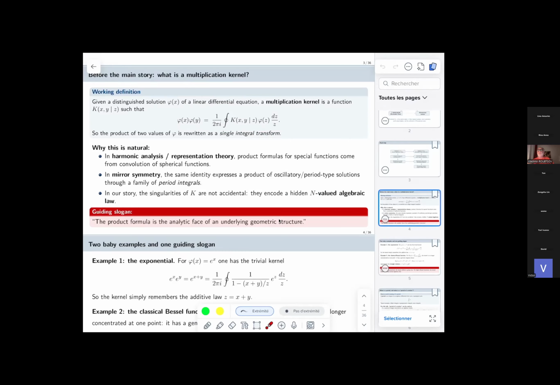I take this solution, which depends on some parameter, the eigenvalue, at different points, and my kernel, this is important, will not depend on this eigenvalue.